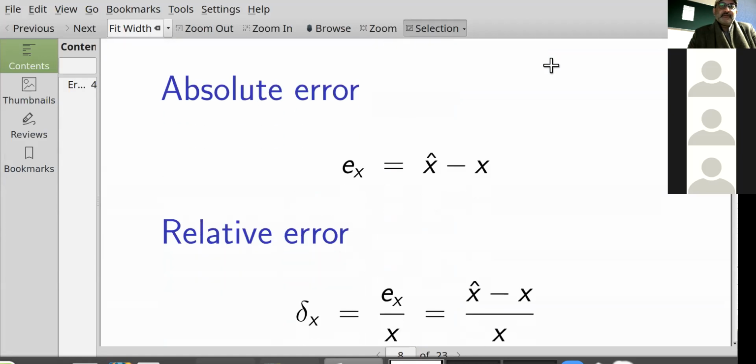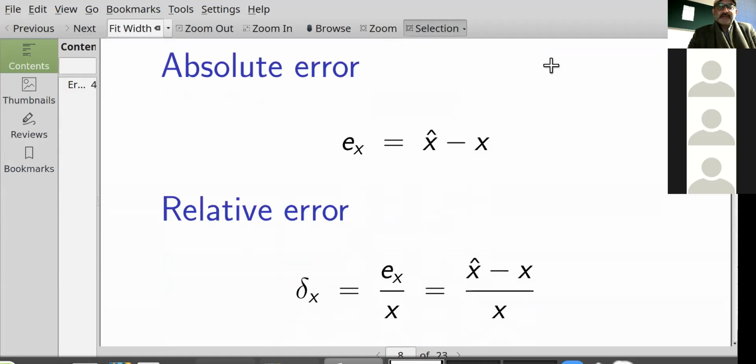And we'll associate two types of errors with this x. The absolute error associated with x is x hat minus x, the approximate x minus the actual x.